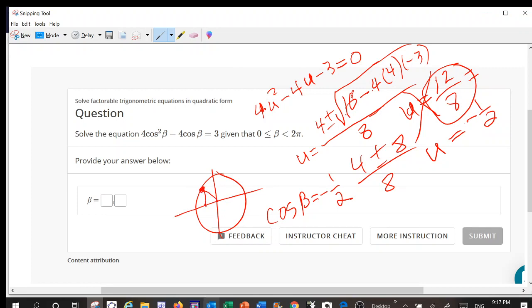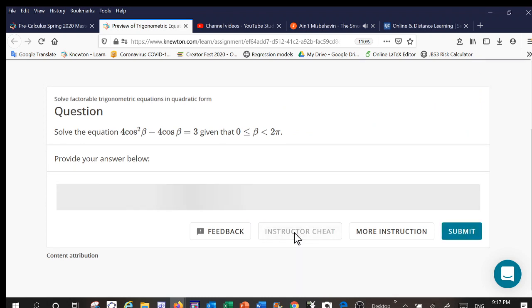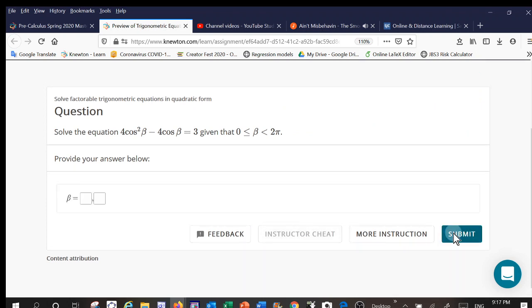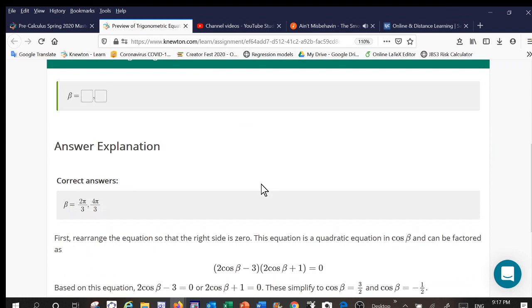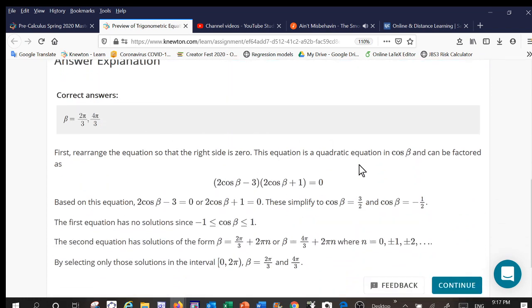Now we know cosine of 60 is 1/2, so that one is related to 60, and that one. Now what are those two? Well, you should know those two. Those are 2 pi over 3 and 4 pi over 3.